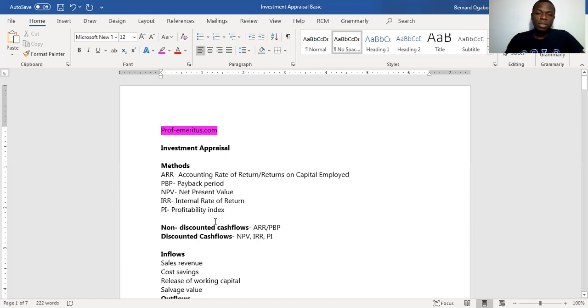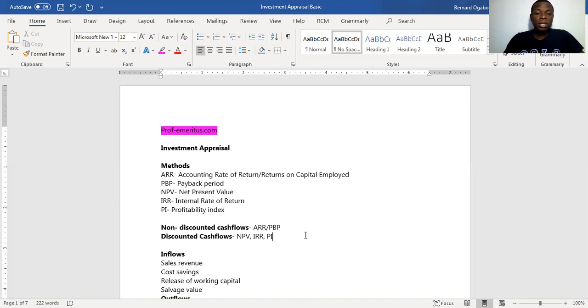When we talk about non-discounted cash flow, what we are saying basically is that these methods don't recognize the time value of money. Let's assume that you are putting $1 million in a business and it's going to take you 5 years to recoup that investment, maybe having $250,000 per year.